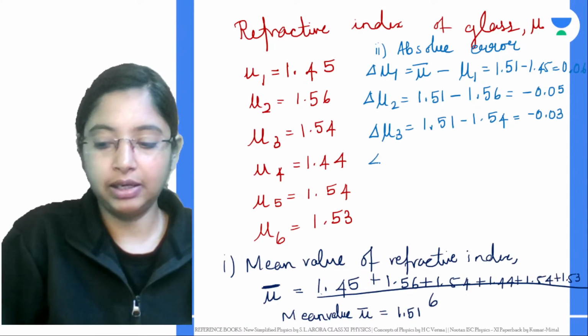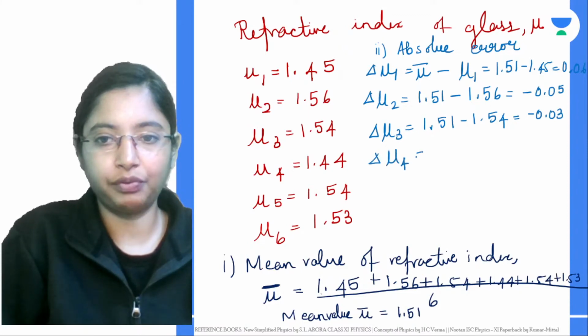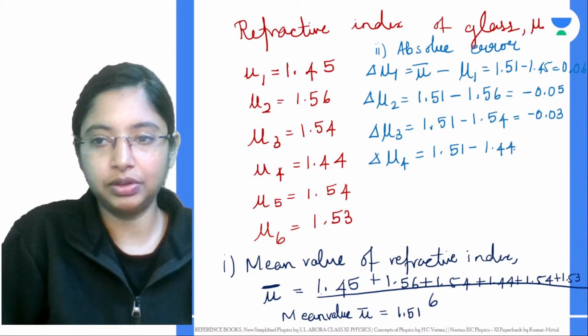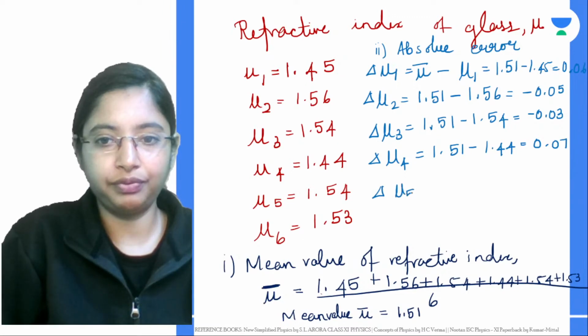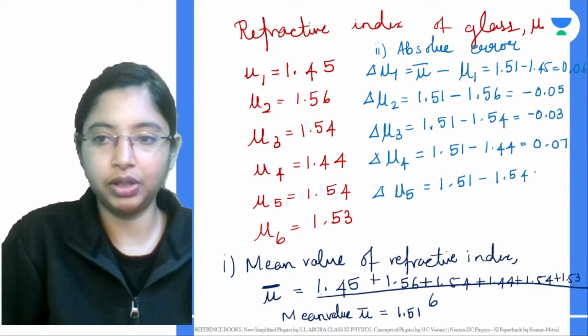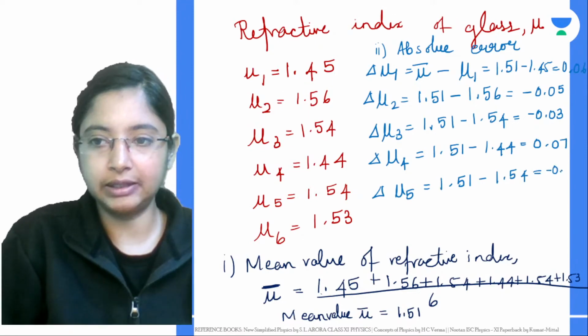The absolute error for the fourth one will be 1.51 minus 1.44, around 0.07. For the fifth, 1.51 minus 1.54, which is minus 0.03.